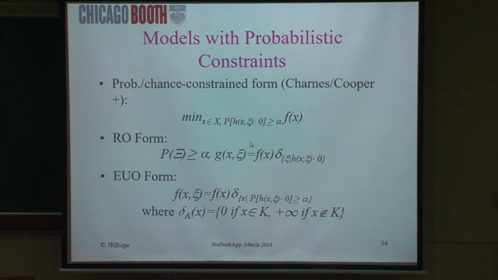So my advisor was George Dantzig, he's the one that came up with the recourse models. The people that came up with the chance-constrained models were Charnes and Cooper. Cooper just died last year, I think. Charnes died a while before that. So they didn't get along with Dantzig.